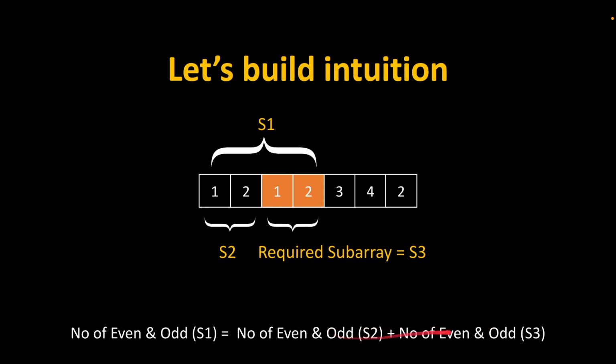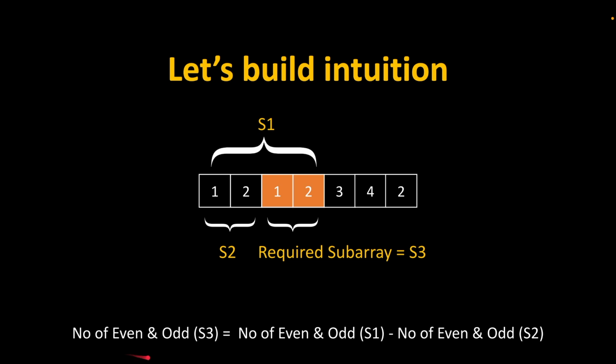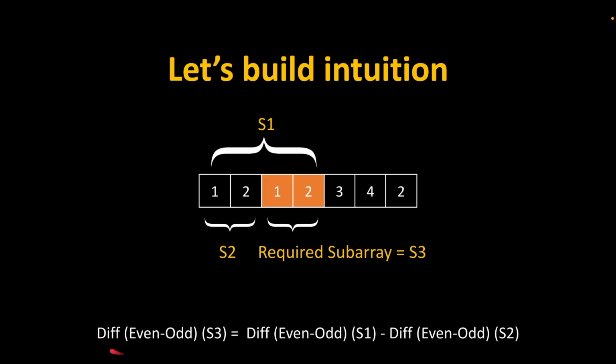If I take S3 to this side, the equation becomes: the number of even and odd in S3 is equal to the number of even and odd in S1 minus the number of even and odd in S2. We can also write this equation in the form of diff. So diff of even and odd in S3 is equal to diff of even and odd in S1 minus diff of even and odd in S2.